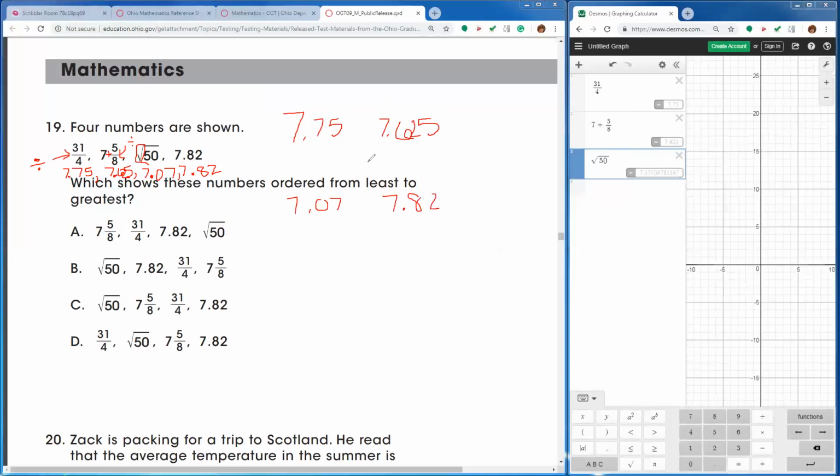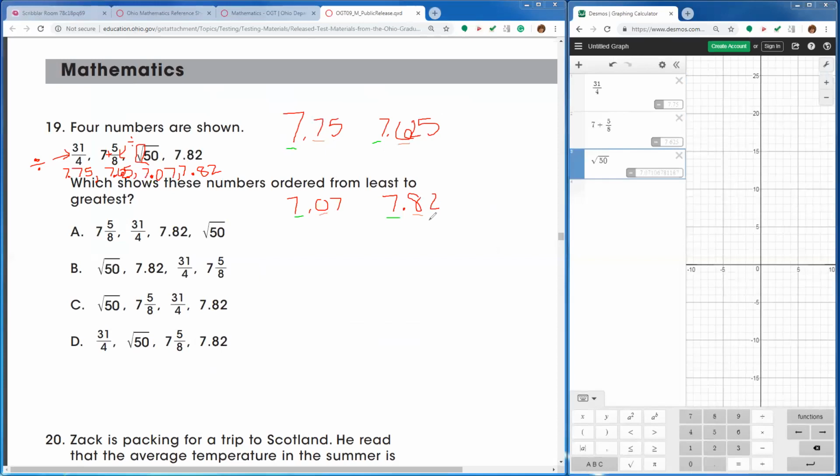So when you're comparing these three, often we only need to look at the first spot after the decimal. They all start with 7, so that all matches. But then after the decimal, they don't match anymore. We have a 7, a 0, a 6, and an 8. That actually tells us the order.